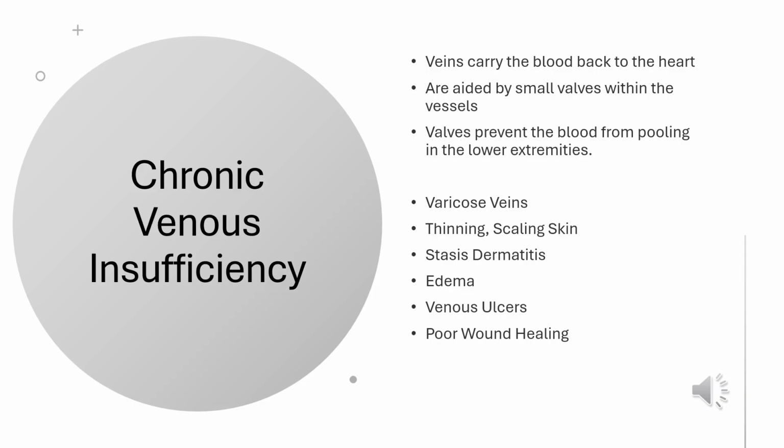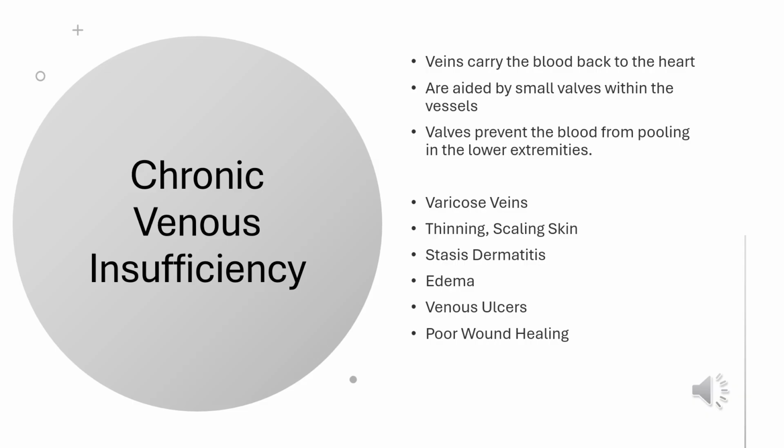The heart will pump, the valve will close, and on the next pump it opens again, and that's how the blood gets back to the heart. In chronic venous insufficiency, these valves are essentially failing, so you get a lot of pooling of blood and edema in the legs.